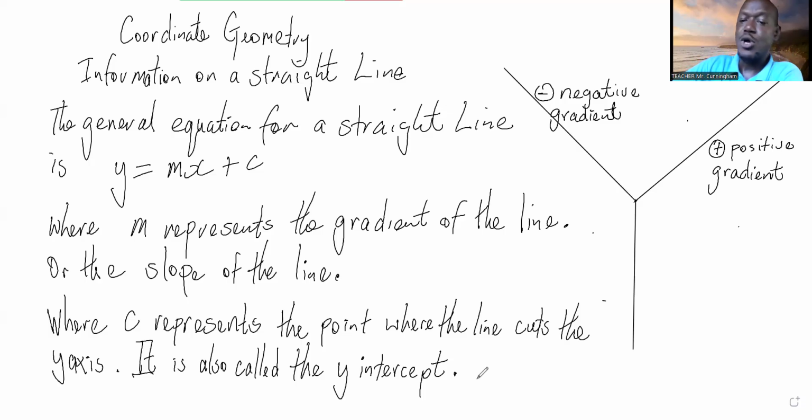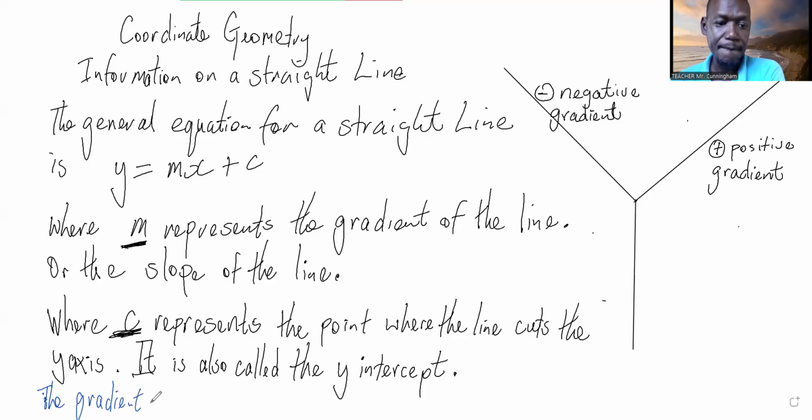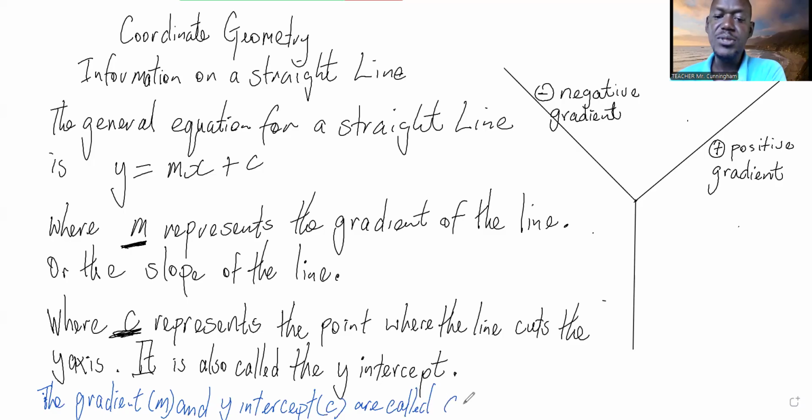So the gradient and C are called constants because they don't change along the line.